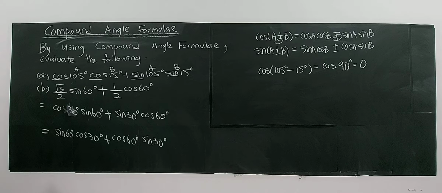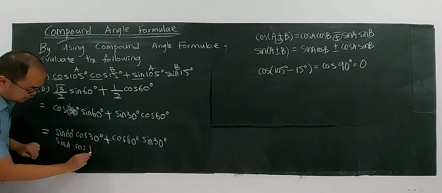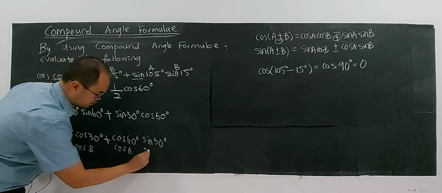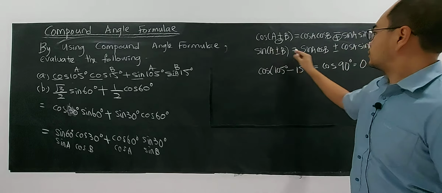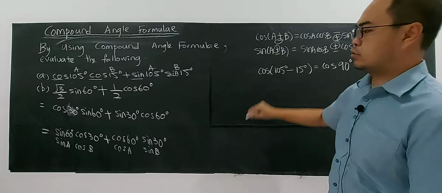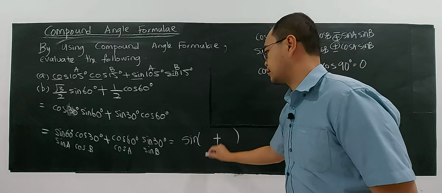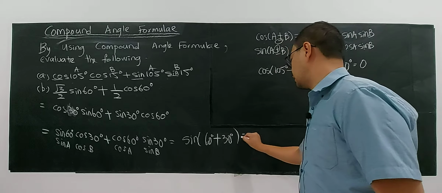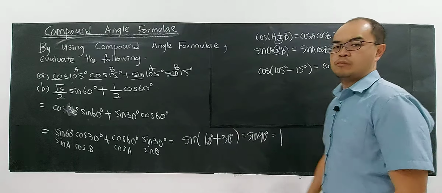I rearranged it so it becomes sine A cos B plus cos A sine B, which is the compound angle for sine. So this is also plus, and you can rewrite it as sine(A plus B), which is 60 plus 30 degrees. You have sine 90 degrees, which gives the value of 1.